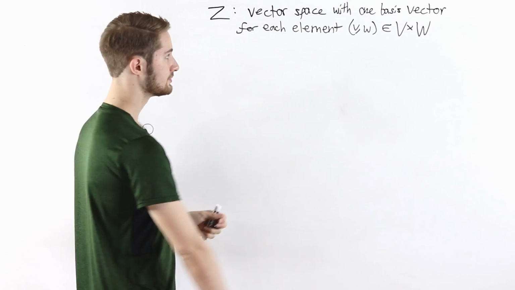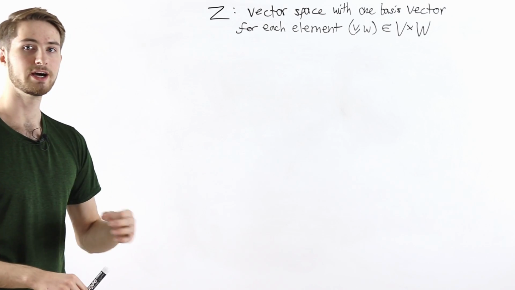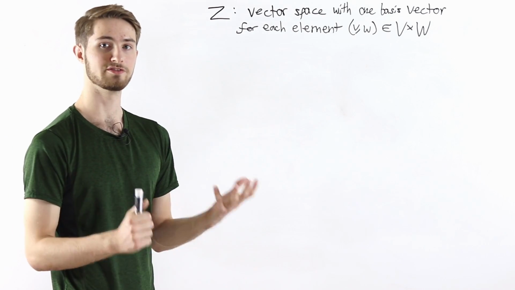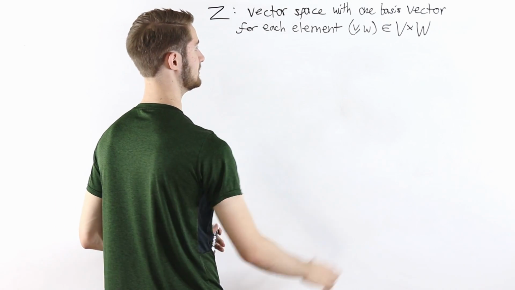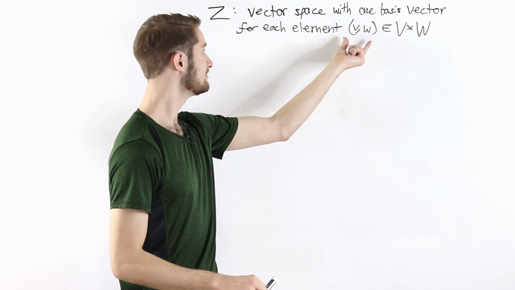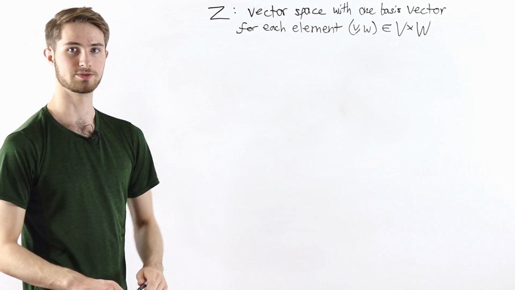So we're defining the tensor product of the vector space V with the vector space W, and we begin by defining a new vector space Z. And this vector space has a lot of basis vectors. For every single pair (v, w) in the Cartesian product of these two vector spaces, we're going to give this ordered pair its own basis vector in the new vector space.